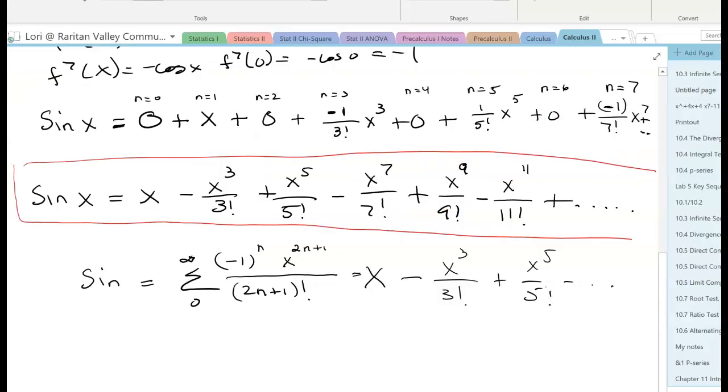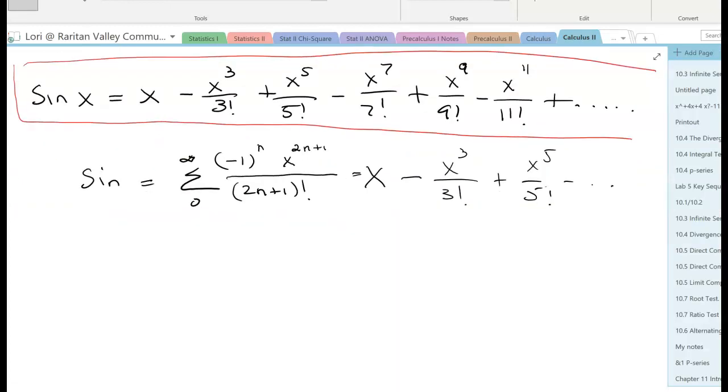So what I want you to do right now is think for a minute about what you know about sine and cosine functions. Well, you know sine functions are odd functions and cosine functions are even functions.